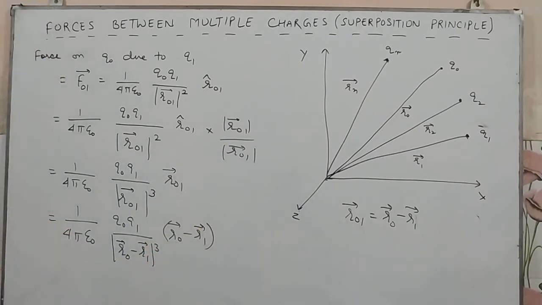This result can be expanded in this form. This is the total result for the force on q0 due to q1. Let us mark this as force F01. A really important expression.